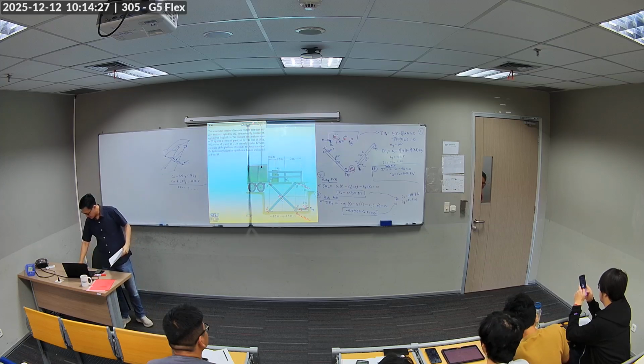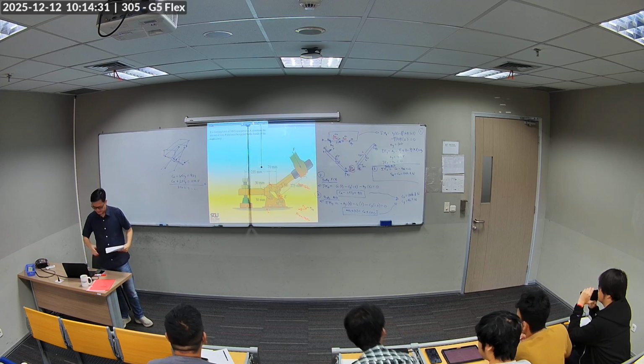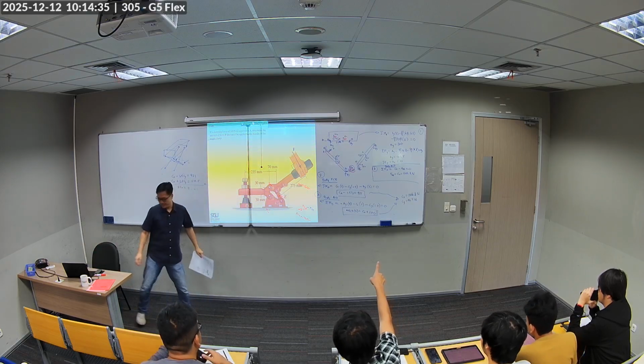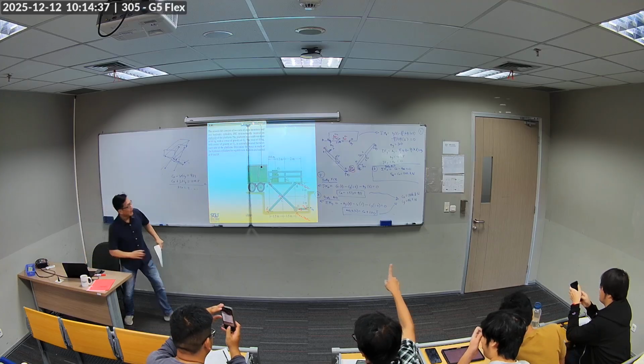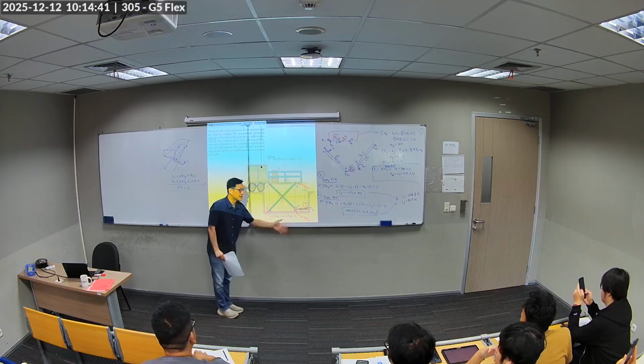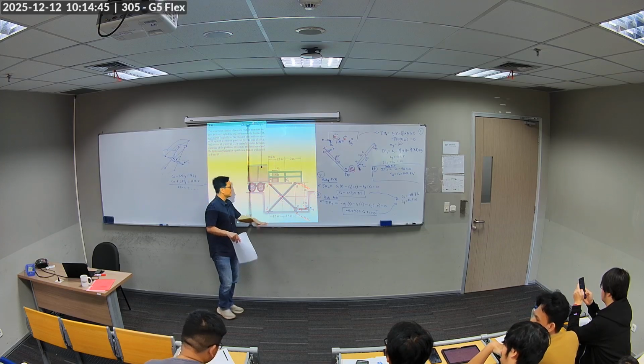Okay. I take it as no questions. My strategy is to just do this on one side, so the weight is divided by 2, left and right.